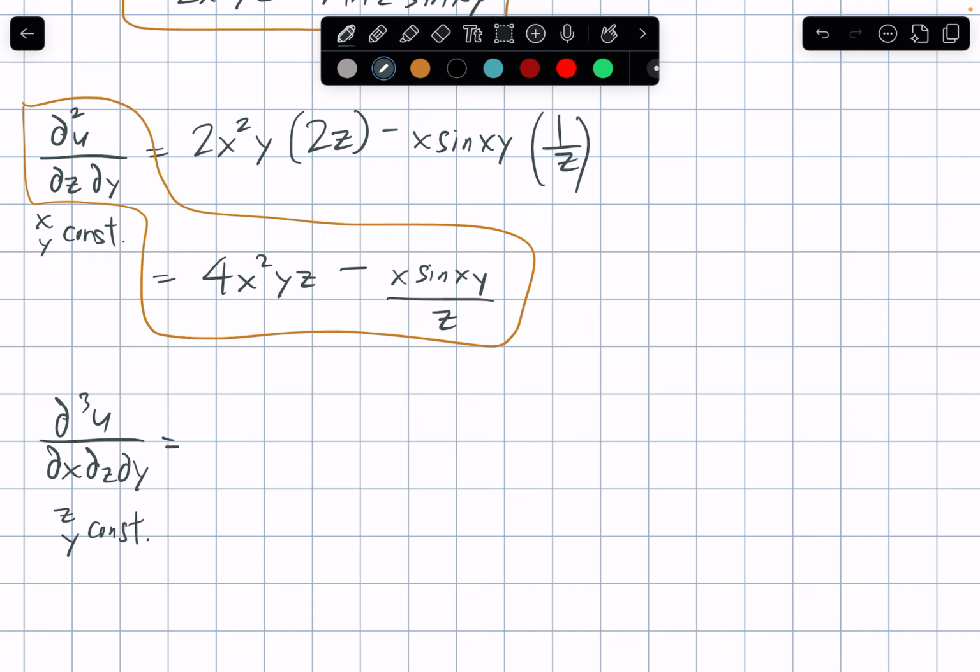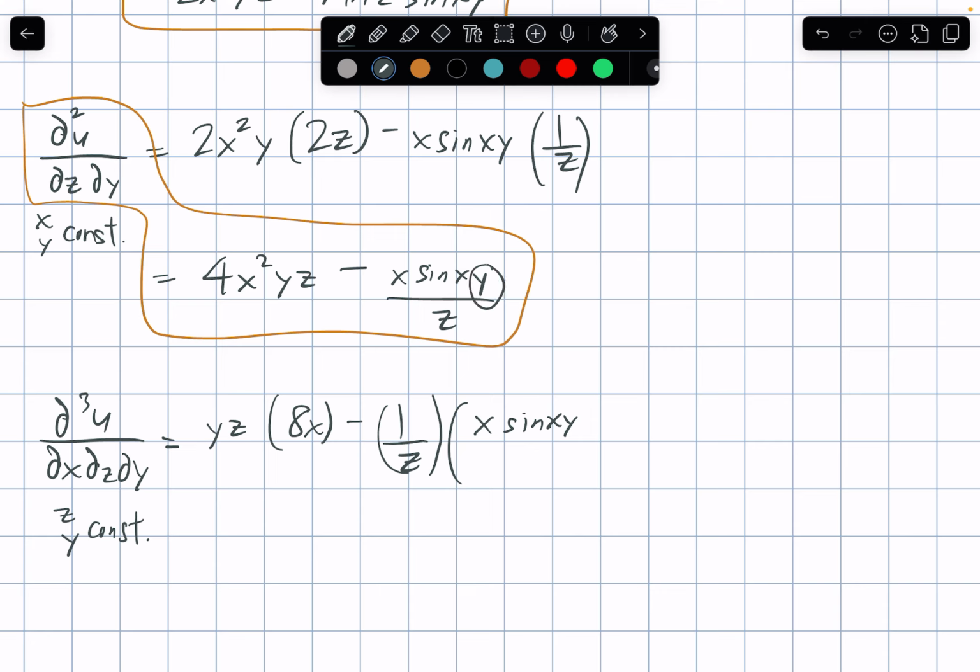Let's start deriving. So coming from here, we set aside the constants, right? So yz, and then 8x minus quotient rule? No. We set aside the constant, so that technically means 1 over z times x sine xy.